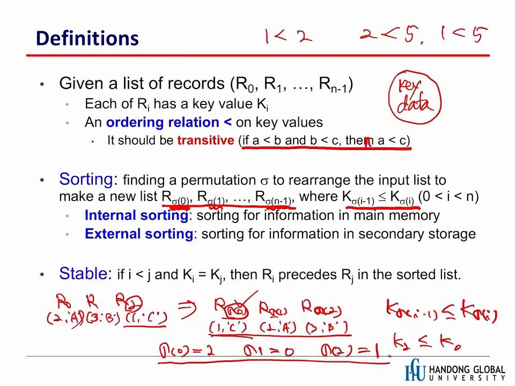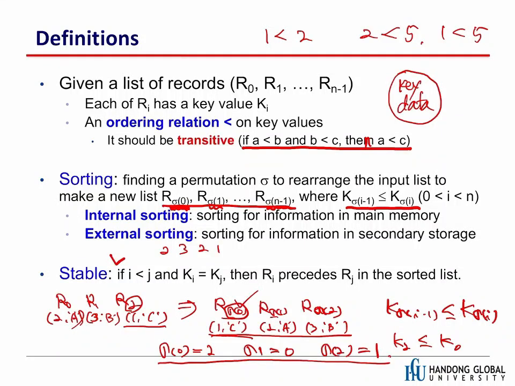When we say this sorting algorithm is stable, it means this: if i is smaller than j and k_i is equal to k_j, then r_i precedes r_j in the sorted list. This statement might be a little confusing, so let me give you one example. We have 2, 3, 2, 1 as our original list.